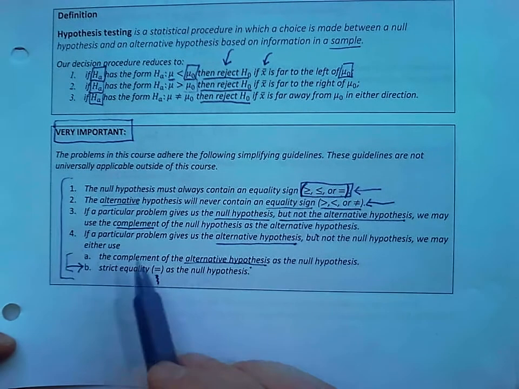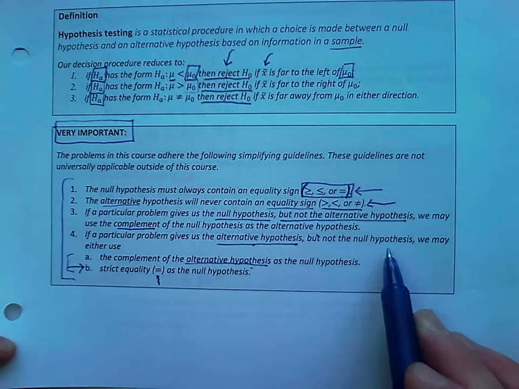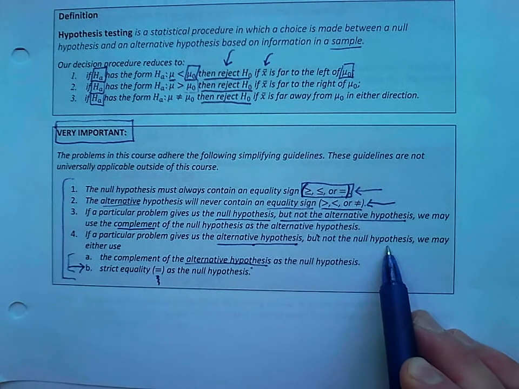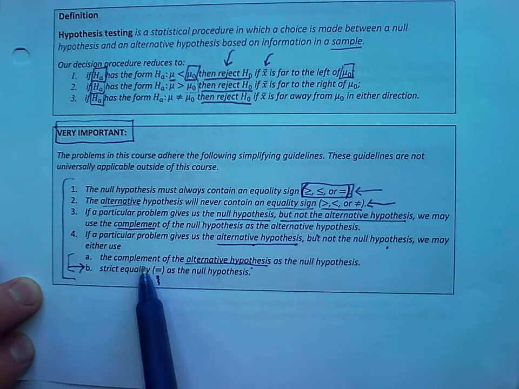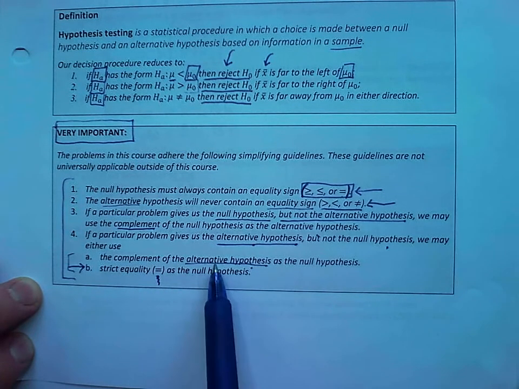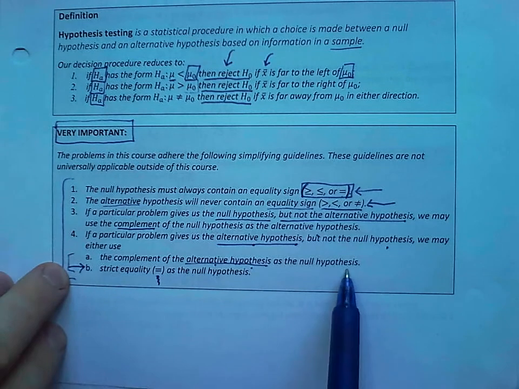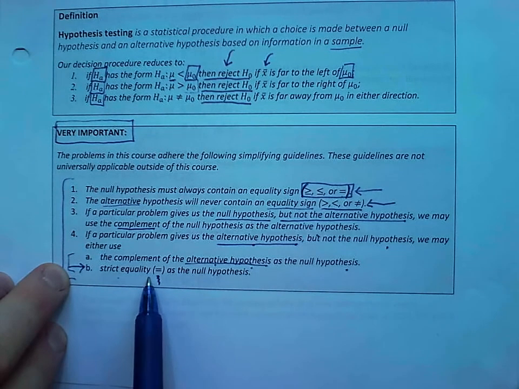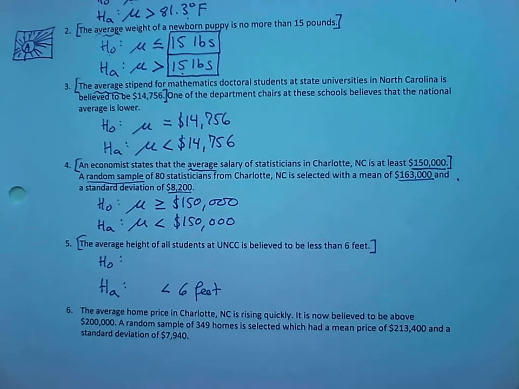That's where we get to number 4. If a particular problem gives us the alternative hypothesis, but not the null hypothesis, that's the situation we currently find ourselves in, we may use one or the other. Either A, where we can use the complement of the alternative hypothesis as the null hypothesis, or we can use strict equality, the equal sign, as the null hypothesis.